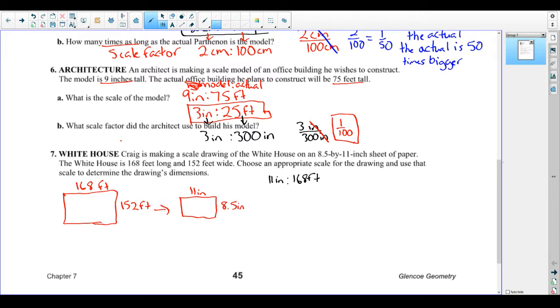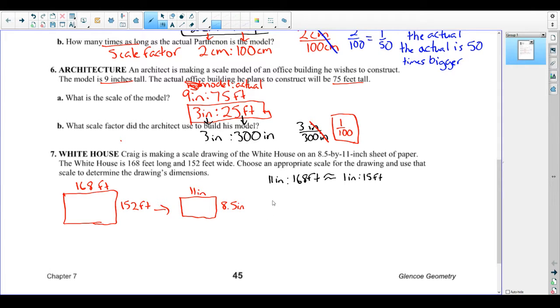And you get about 15.27. So we can say this is about every 1 inch to about 15 feet. Okay? This would actually be 15.2727. Whatever. This doesn't have to be perfect. We're putting out a piece of paper for Craig. Who cares about Craig?